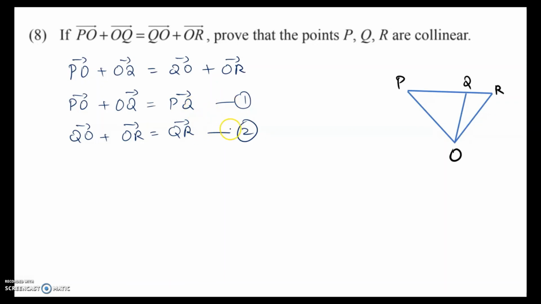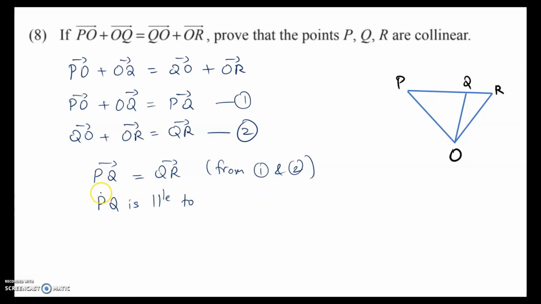So substituting 1 and 2 in the original given statement, we can say that PQ is equal to QR. What does that mean? This means that PQ is parallel to QR vector, and you can see that Q is a common point.